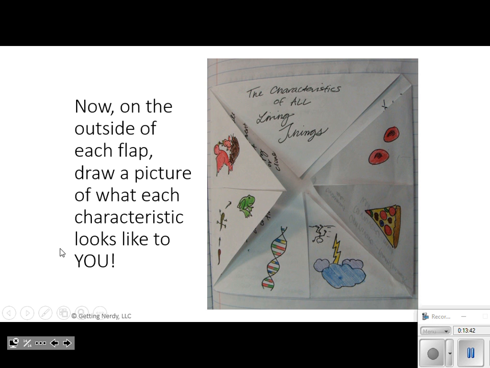All right. Jillian, what's one? Made of cells. Living things are made of cells. What else? They grow and develop, Austin says. We're made of cells. We grow and develop. Who's got a third?